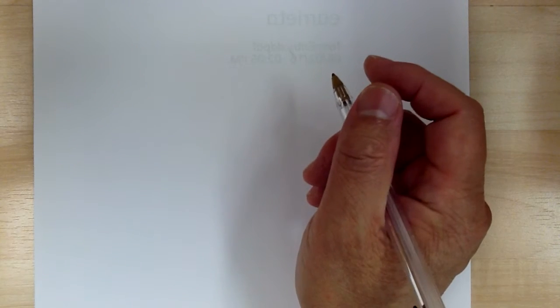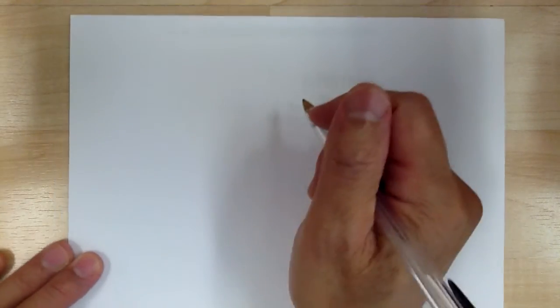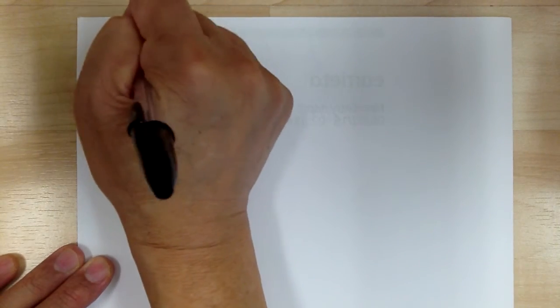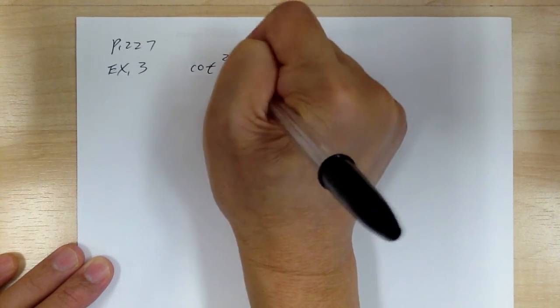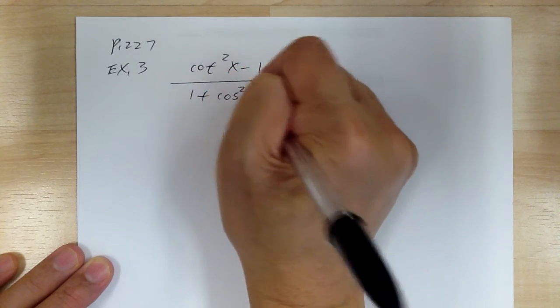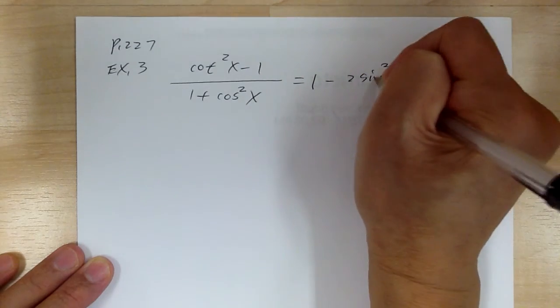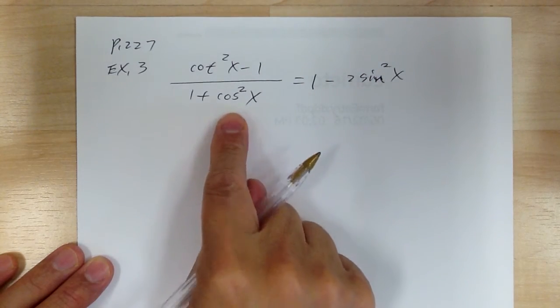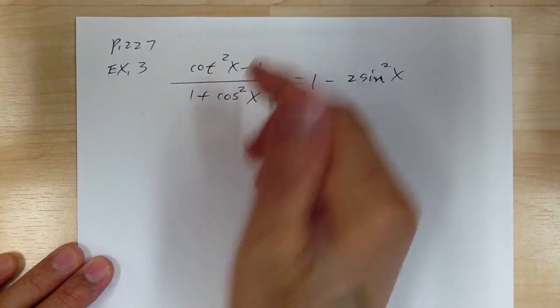Okay, so let's do one more. Let's do example 3. You got cotangent squared x minus 1 over 1 plus cotangent squared x equal to 1 minus 2 sine squared x. Again, this side is not messy, so let's deal with this side, especially with cotangent.